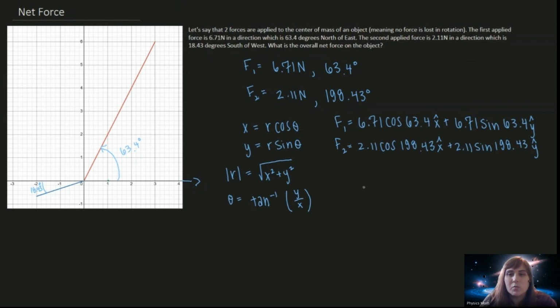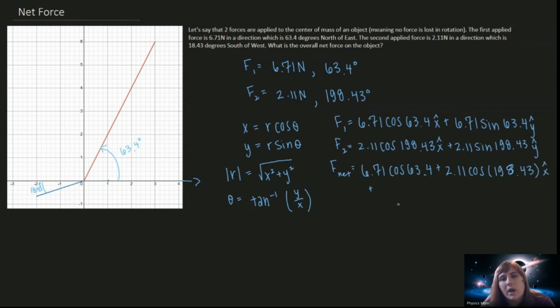When I have them in component form, I'm just adding like terms. For my net force, I'm going to sum the x components and the y components. So it's going to be 6.71 cosine 63.4, plus 2.11 cosine 198.43, all in my x hat direction.